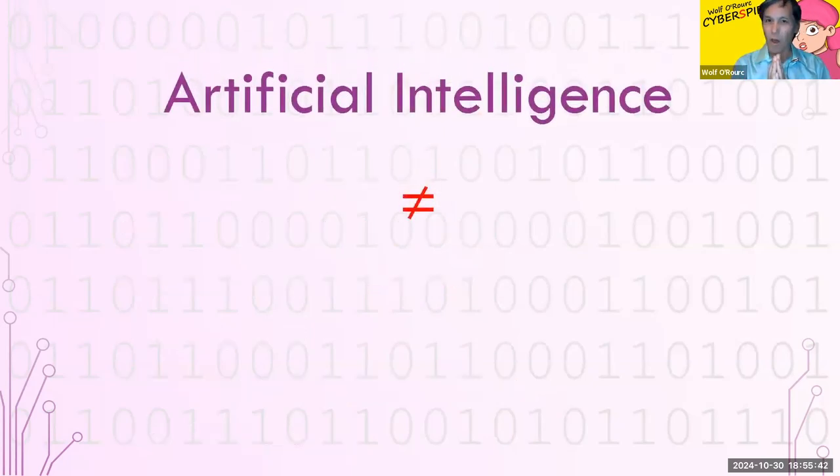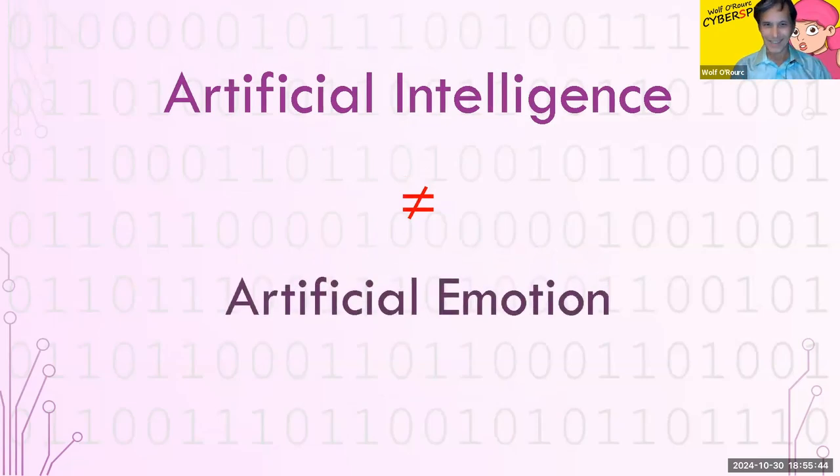And as fiction authors, we have another challenge. Artificial intelligence is not artificial emotion. The AI barely understands the words. It doesn't understand emotions at all. AI has never gone to high school. AI has never held a job. AI has never fallen in love. They have no concept of what that means.